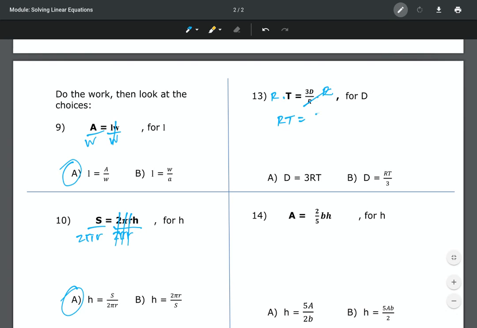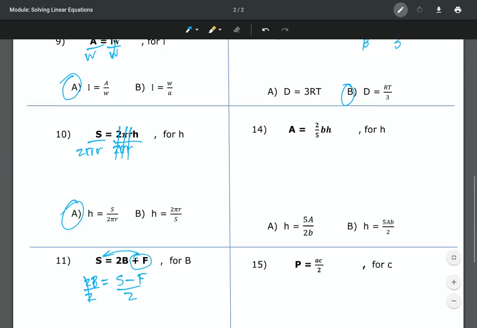So we're going to have RT equals 3D. Or what I've been doing before is, since I'm going to solve for D, I can put that on the left and put RT on the right. And then all we have left to do is divide by 3 because we're solving for D. So D equals RT over 3, which is answer choice B.